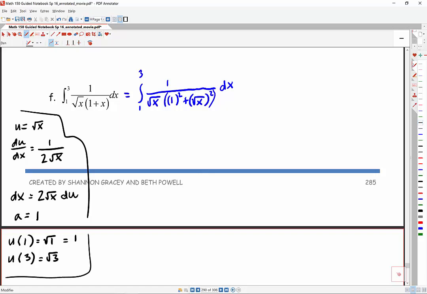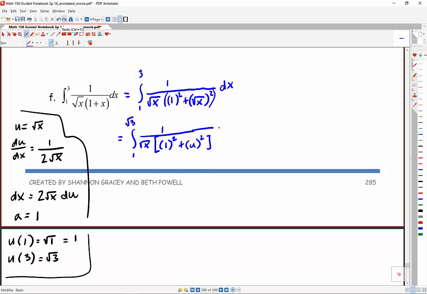Okay, so let's get it all put in there. So this would be the integral from 1 to the square root of 3, because we need this in terms of u. Now we would have 1 over root x times 1 squared plus u squared, and in for dx we would have, wait, what was it?